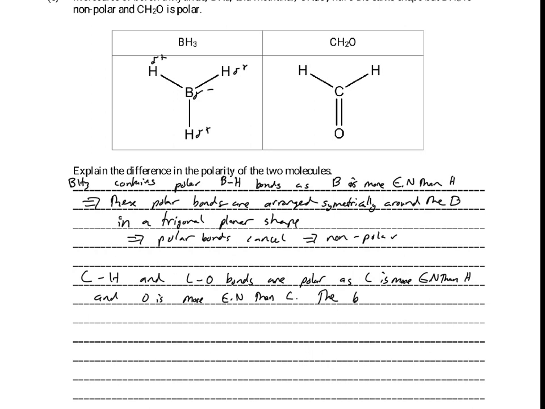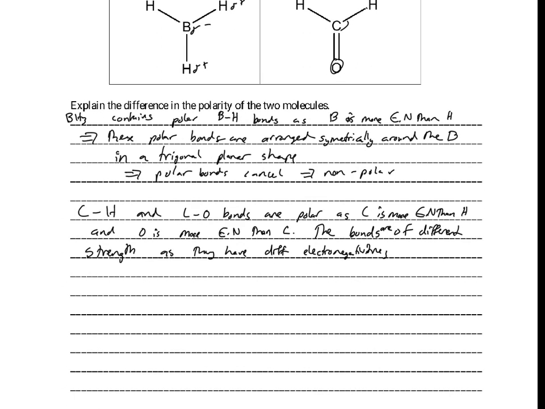Now, what's interesting with this one is the polar bonds are of different strength. And the reason why they're different strength is because all of the atoms have different electronegativities. Okay, so the oxygen is going to pull electrons differently to the carbon than the carbon pulling electrons compared to the hydrogen.